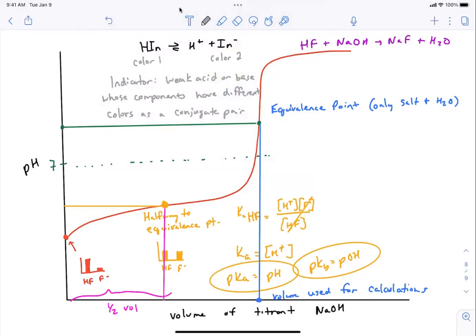Phenolphthalein is an indicator. Phenolphthalein in its acidic form is colorless, but when you start adding base to it and you start getting rid of the H plus, it shifts to the right and turns pink when it's in a base. So the color changes based on the pH of the solution and the environment that it's in.